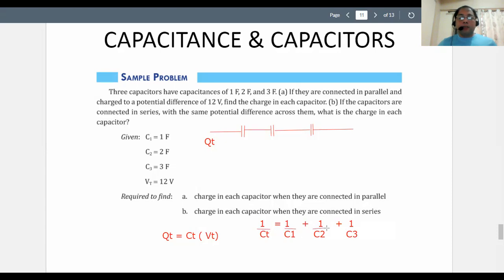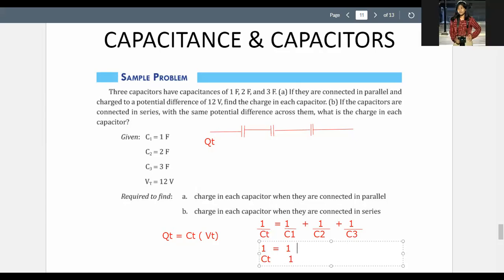Okay, so what is the value of our total capacitance? Again, we could not directly get the value there. But 1 over C total is equal to what? What's the first capacitance? That's equal to 1 over 1 plus 1/2.